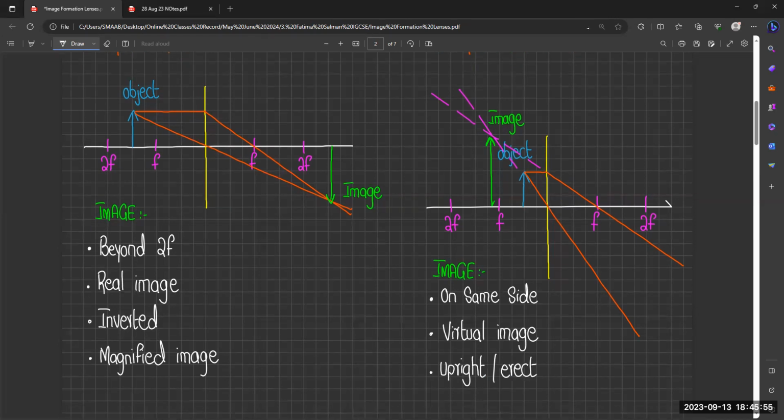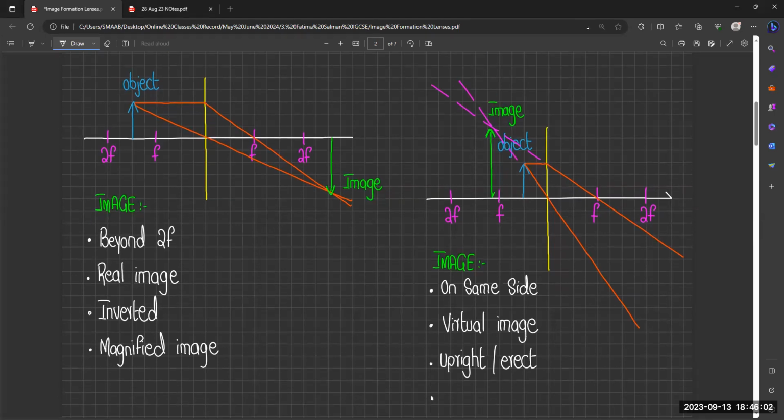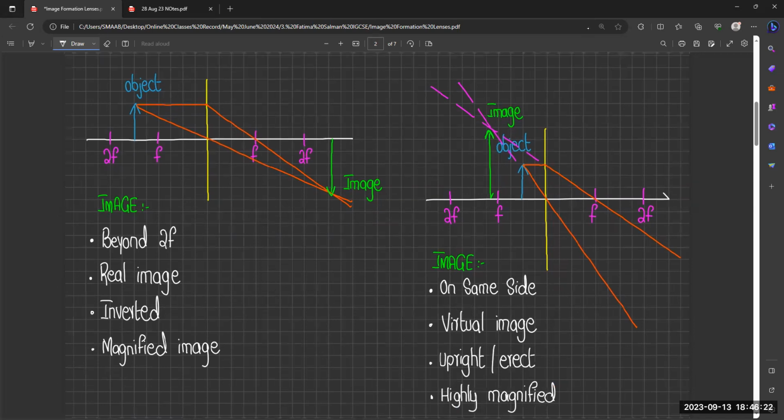And the final point is it is highly magnified. Okay, clear? Yes.